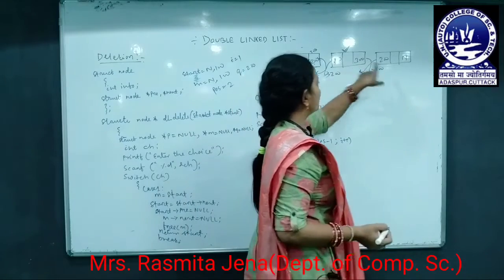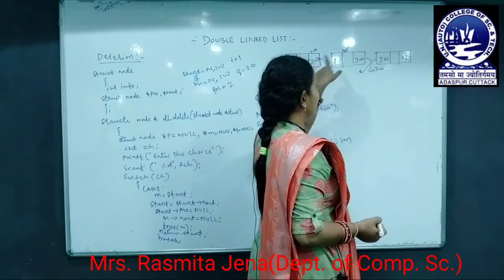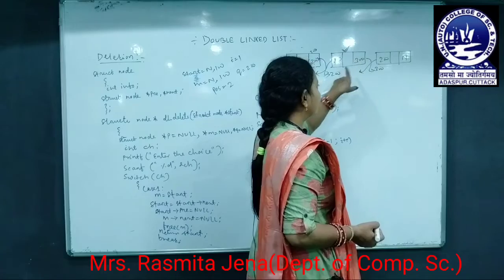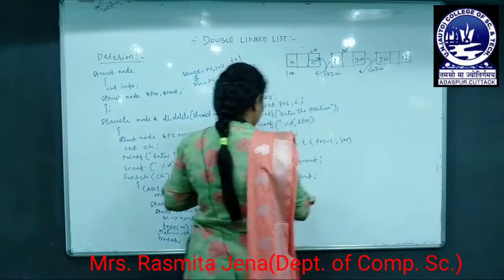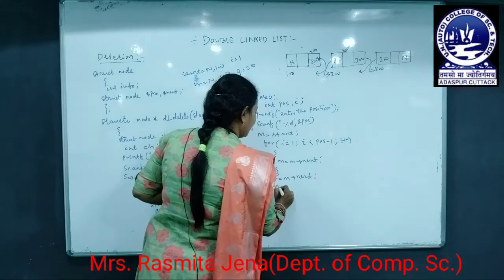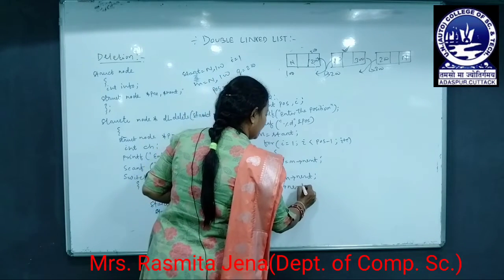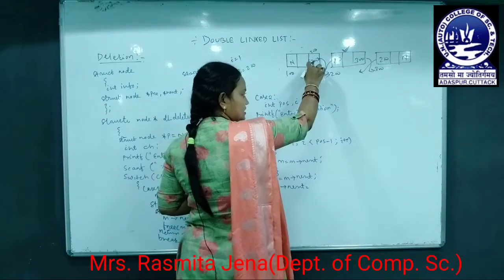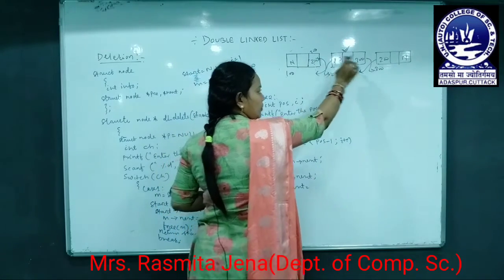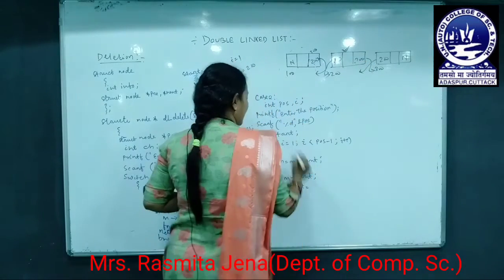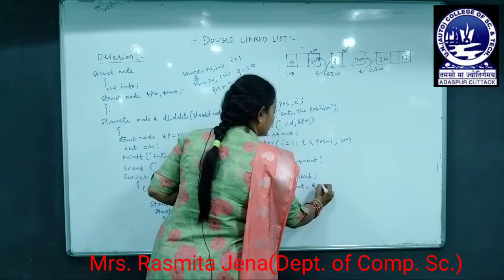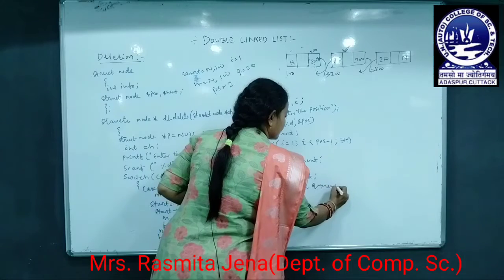Okay. And we will store 300 at this location, and 300 is present at the next part of 200. So I can write m next. M next means this location will be stored by 300. 300 is contained by this node. I can write q next.